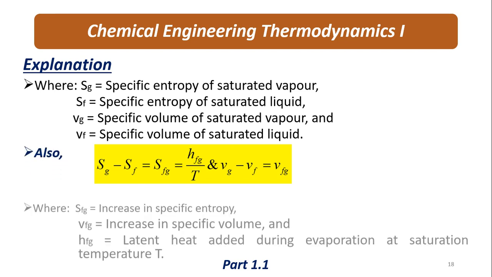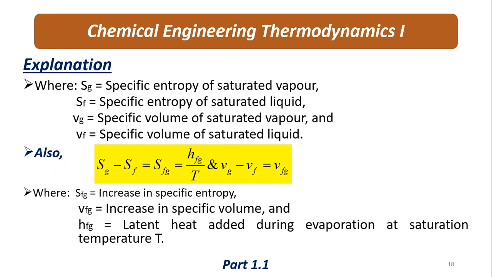Here Sfg is the increase in specific entropy, Vfg is the increase in specific volume, and HFG is the latent heat added during evaporation at saturation temperature.